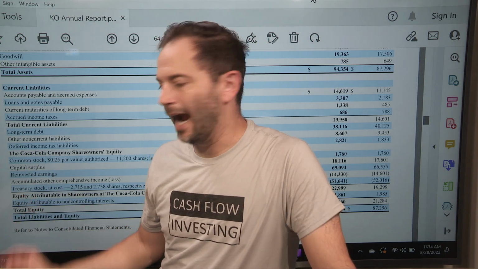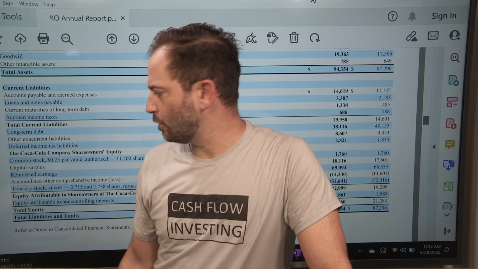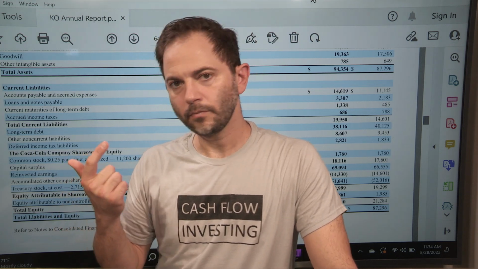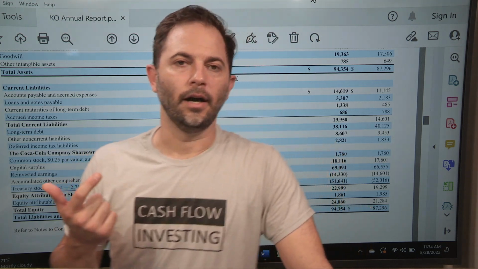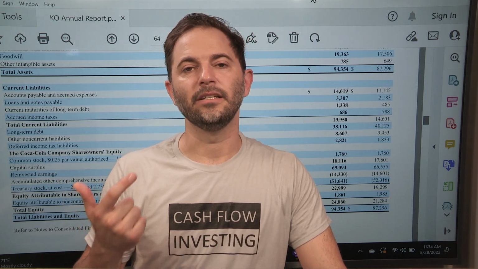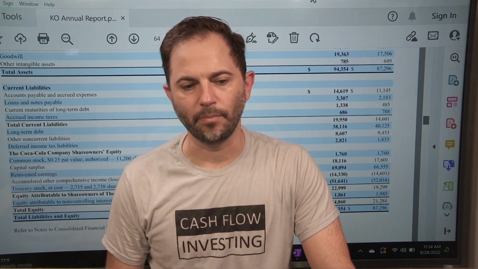I look at the equity value, and the equity value is basically total assets minus total liabilities. Again, I don't put too much stock in the equity value itself because the assets are stated at cost. The liabilities are not necessarily the dollar amount needed to pay off the debt. So it's a little bit of a grain of salt on the equity piece.